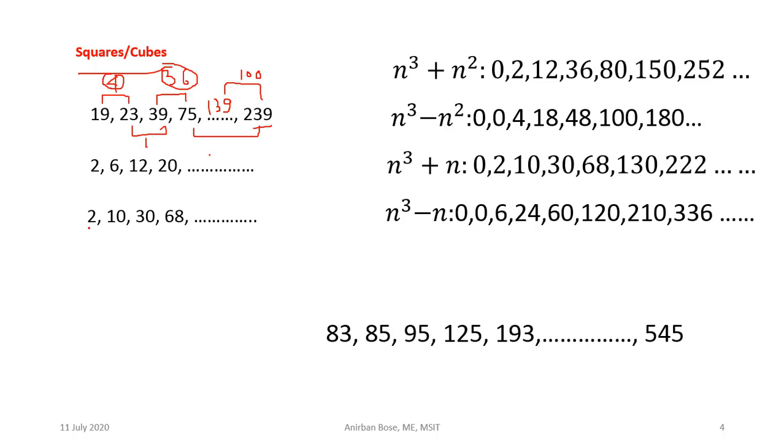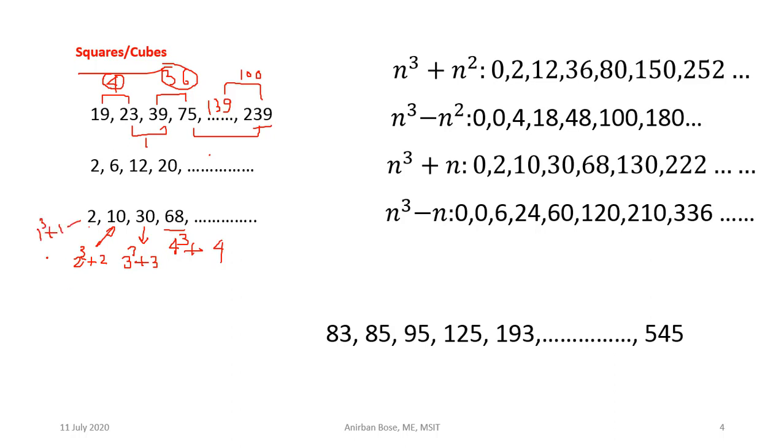So how can you see this problem here? 68 is what? 4 cube, that is 64 plus 4, right? 68. And 30 is what? That is 3 cube plus 3. 10 is what? 2 cube plus 2. So definitely this will be 1 cube plus 1.